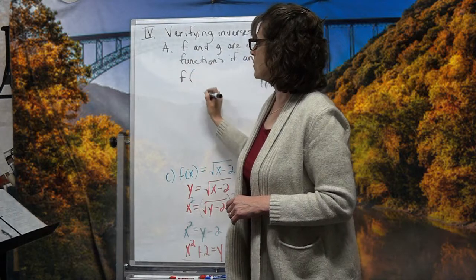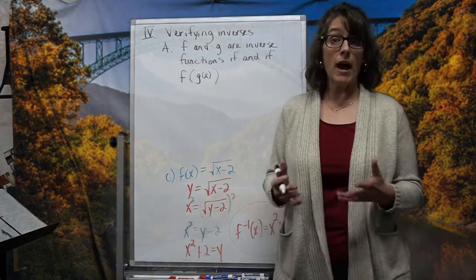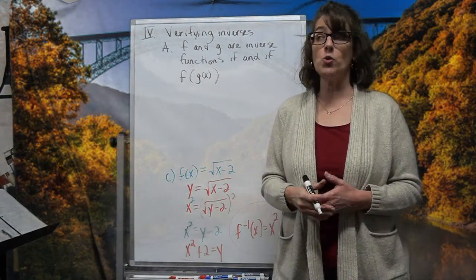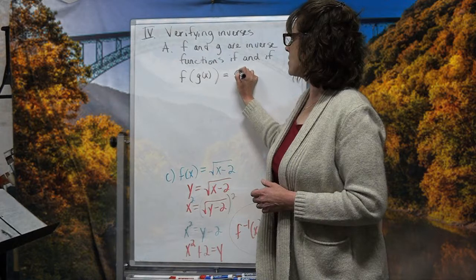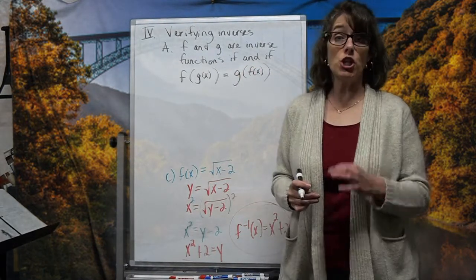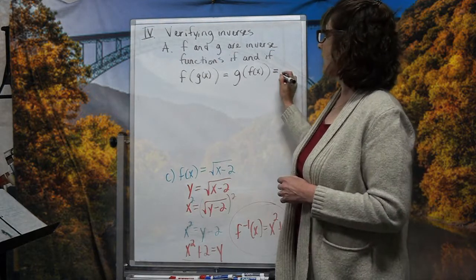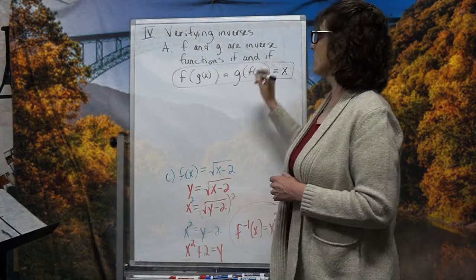When I take my original function f and I put g inside of it, in other words, f of g of x, the composite function f of g of x, and I do the reverse and I take my g function and put my f function inside of it, in other words, g of f of x, when I do that, and in both cases I get an x as my result, then they truly are inverses of each other.